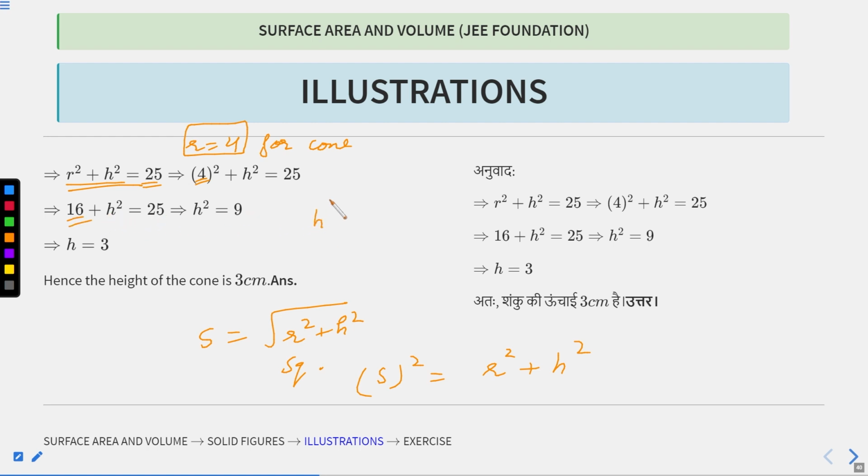This means h square is equal to 25 minus 16, which further equals 9, and we already know that h is equal to 3. So by using the relationship, we get our height of the cone. Hence the height of the cone is 3 centimeters.